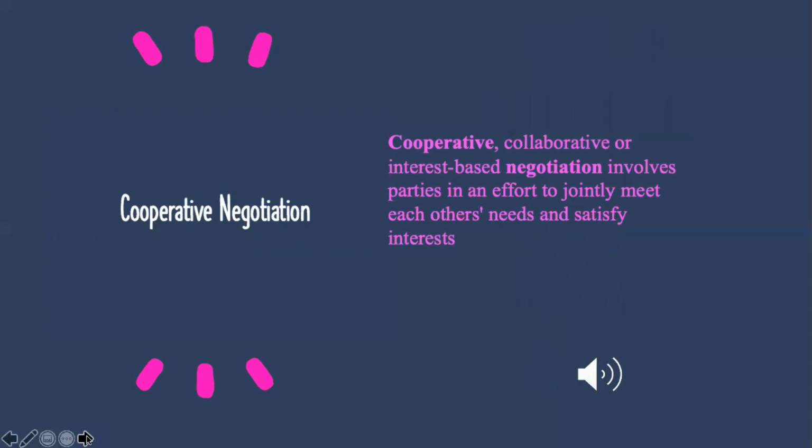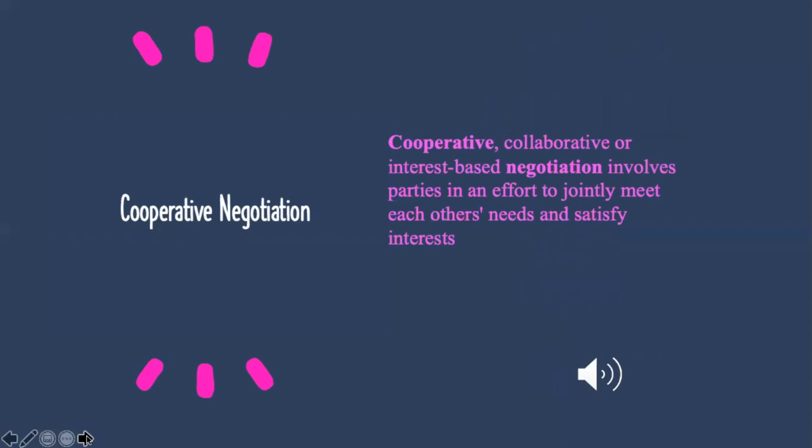As we strive to learn more about conflict and cohesion and how we can utilize these strategies into solutions, we need to focus on cooperative styles of negotiation.